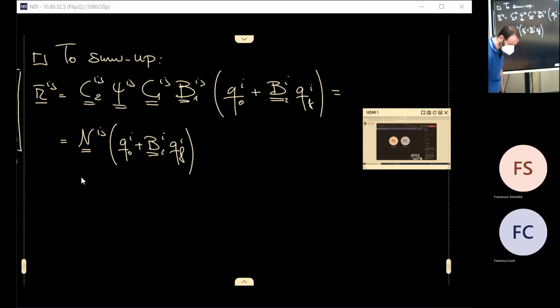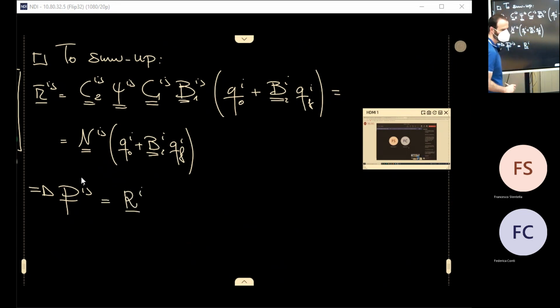This basically unlocks exactly what we needed. Why? Because now we are in the body frame. So it means that the position of a point within the element J of the body I expressed with respect to the inertial frame is what?